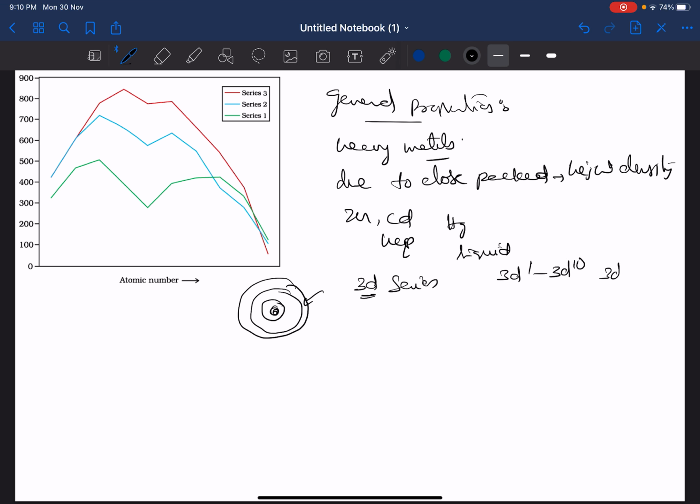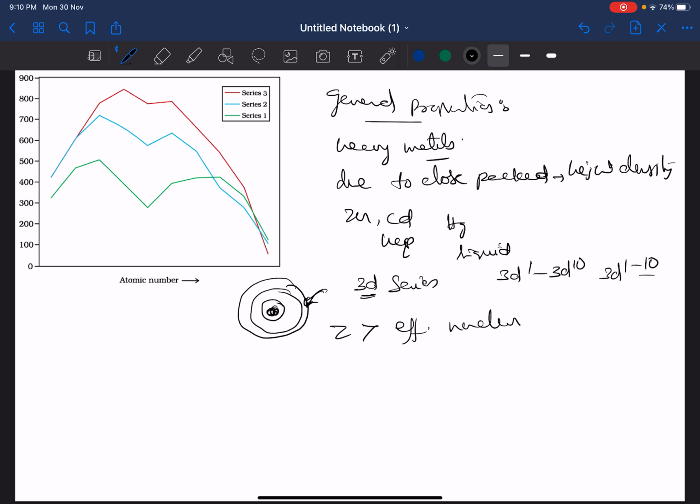So the differentiating electron enters into the same 3d subshell, the same third shell. So the effective nuclear charge increases as the atomic number increases.